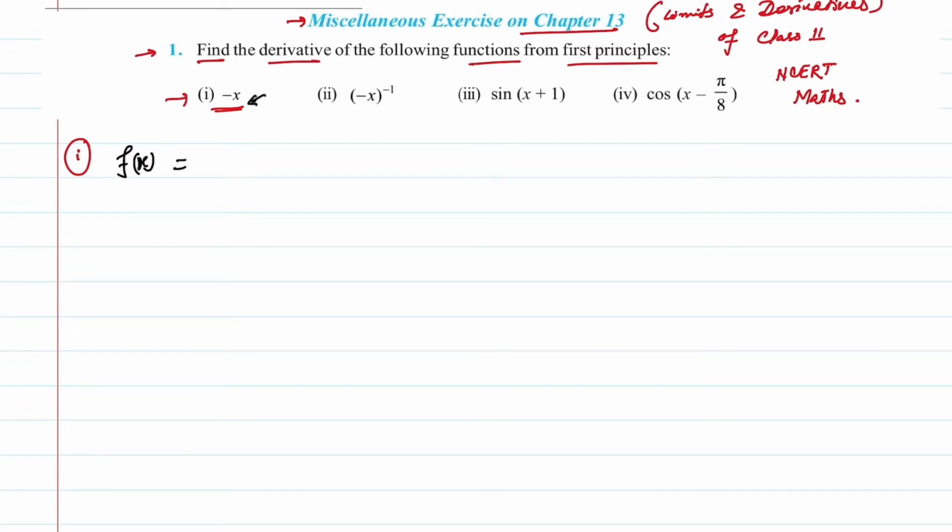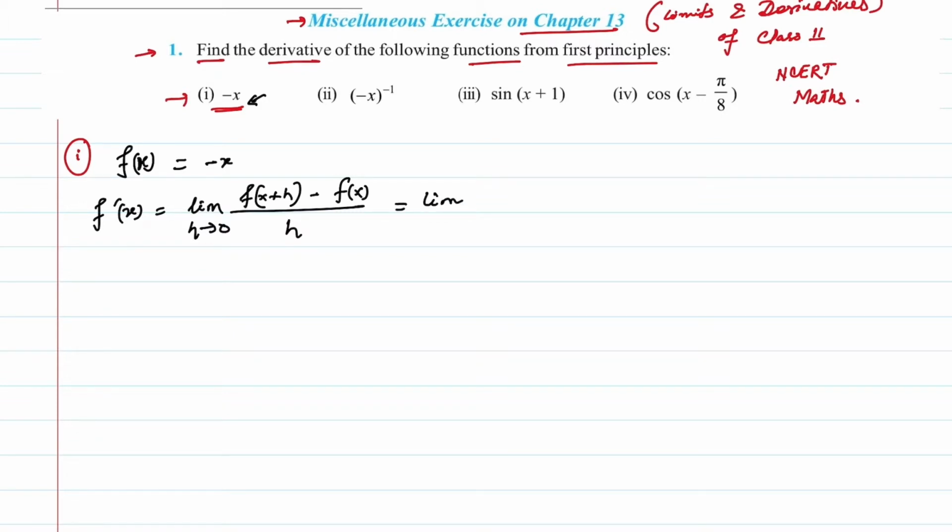f of x is minus x. So from the first principle, the derivative of this function, that is f dash x, is given by limit h tends to 0 f of x plus h minus f of x divided by h.